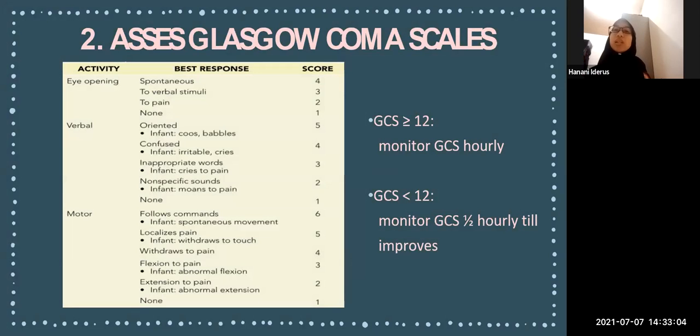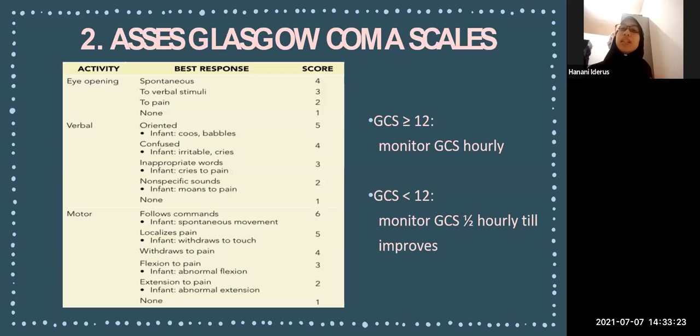The next step is we need to assess the Glasgow Coma Scale of the patient. Similar to adults, we also assess the EVM, which is eye opening, verbal and motor, and the total score for GCS for children is also similar to adults, which is 15.